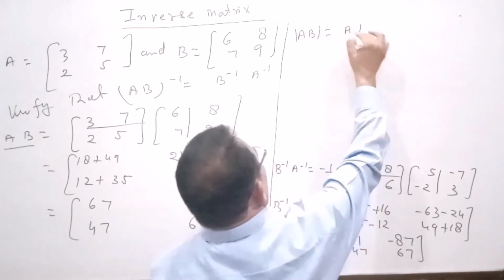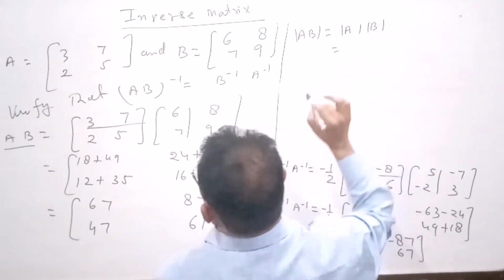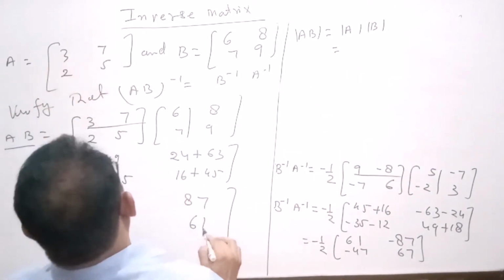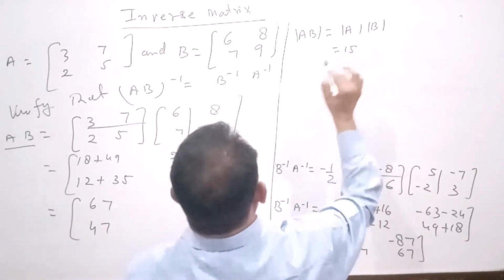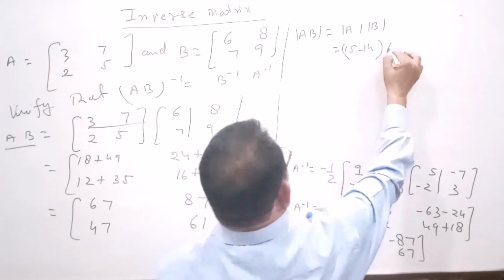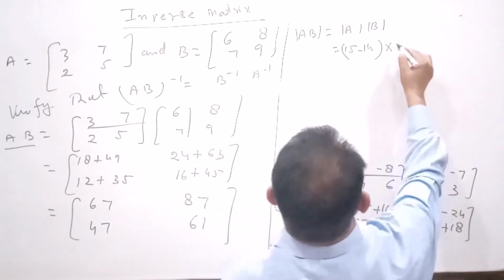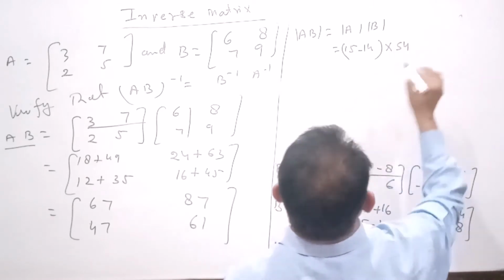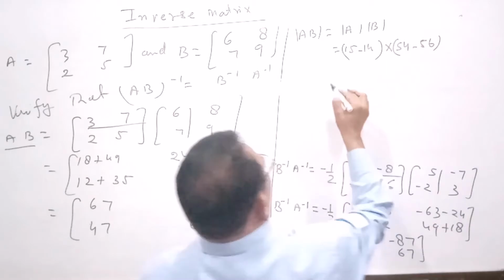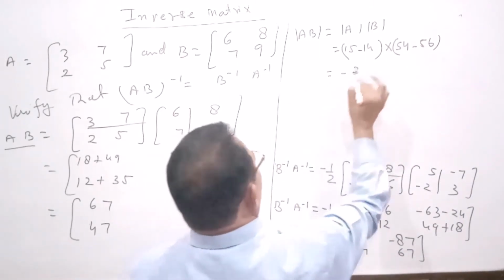By the property, the determinant of AB is the determinant of A times the determinant of B, that is 5 3 15 minus 14 into 6 9 54 minus 8 7 56, and this should be equal to minus 2.